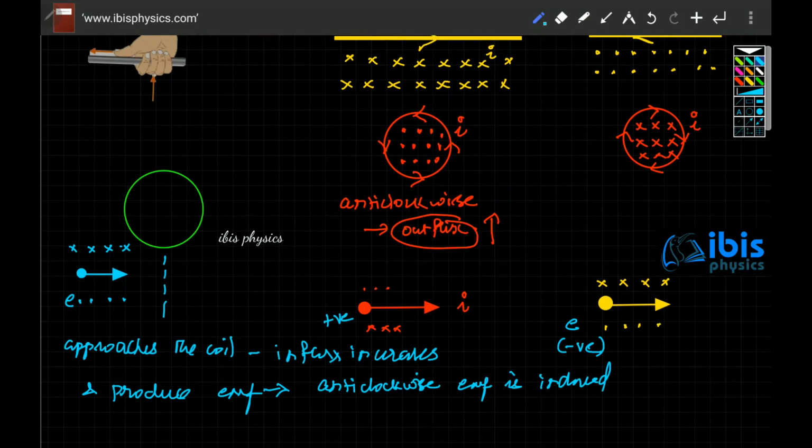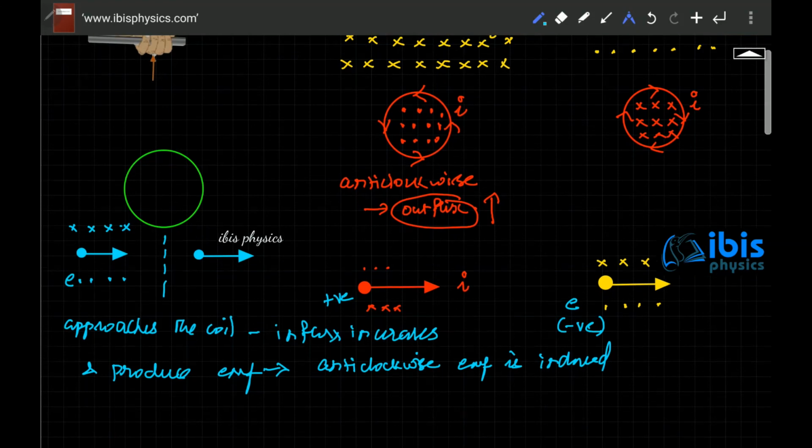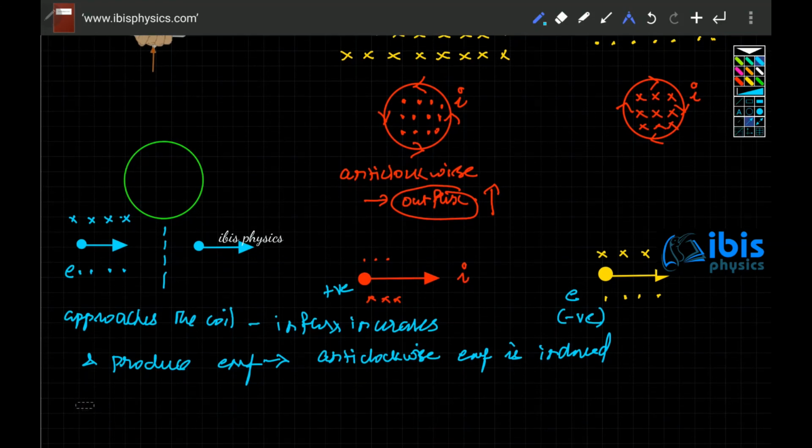But when the electron leaves from here to here, during this half, when the electron goes away from the coil, this influx decreases. So when the electron moves away, influx decreases.